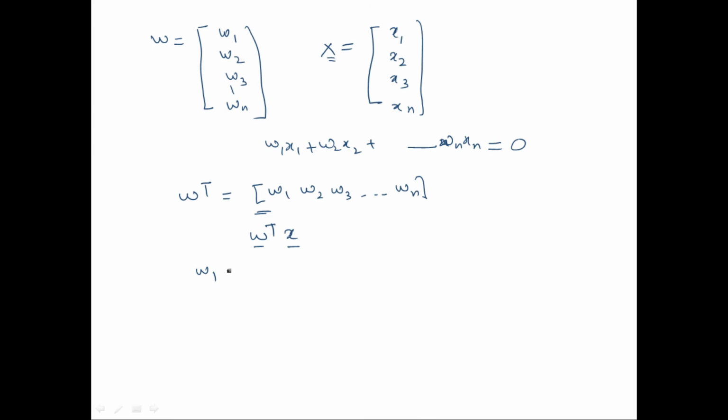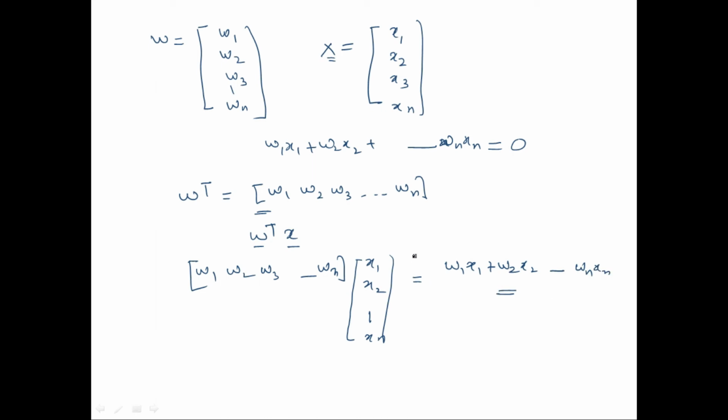We will get w1, w2, w3 up to wn. This is the value of w transpose, and x1, x2 up to xn. This is the value of the x vector. If we multiply both of these, we will get w1 x1 plus w2 x2 up to wn xn, and this is the equation of the hyperplane.